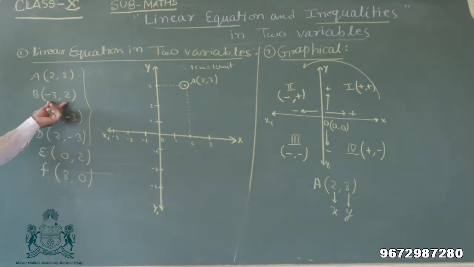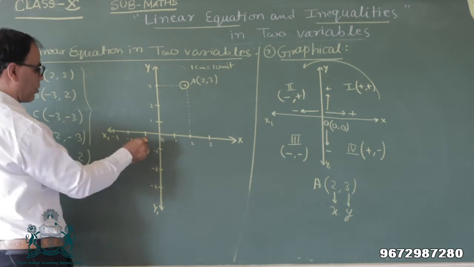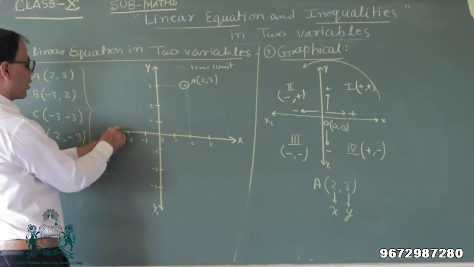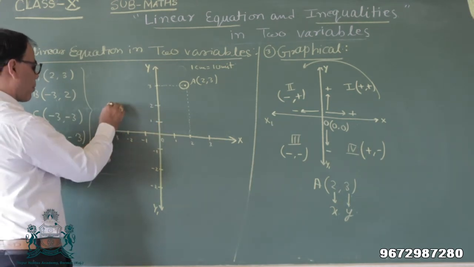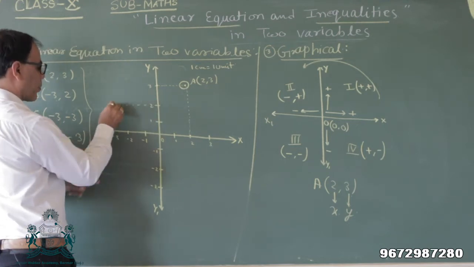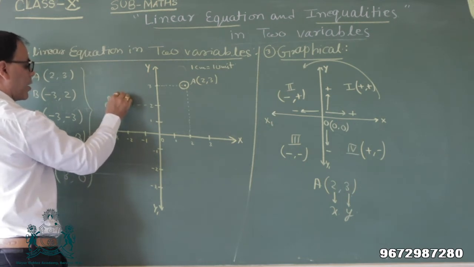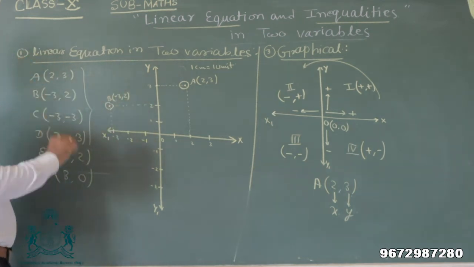Next B point: x equal to -3 and y equal to 2. Mark the point and circle it: B point -3 and 2.